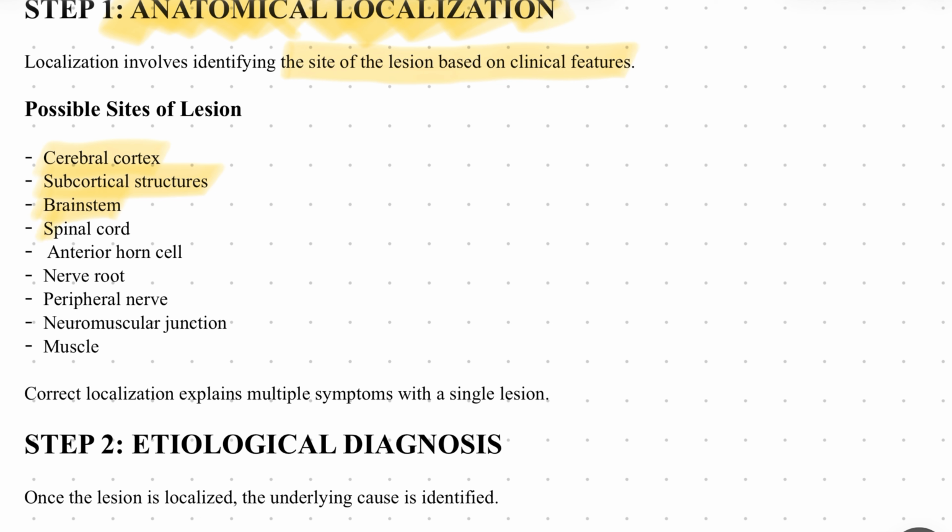Possible sites may be cerebral cortex, subcortical structure, brainstem, spinal cord, anterior horn cell, nerve root, peripheral nerve, neuromuscular junction, and muscle. This is why I told you your anatomy and physiology should be strong, so that you won't get confused when they ask about unilateral, bilateral, contralateral, decussations and all.